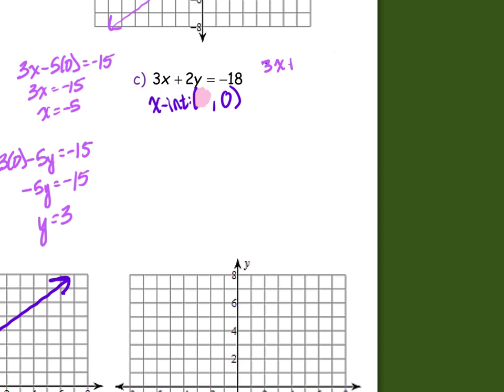See? 3x plus 2 times 0, negative 18. 3x equals negative 18. X is going to equal negative 6. Negative 6. And then we want our y-intercept.